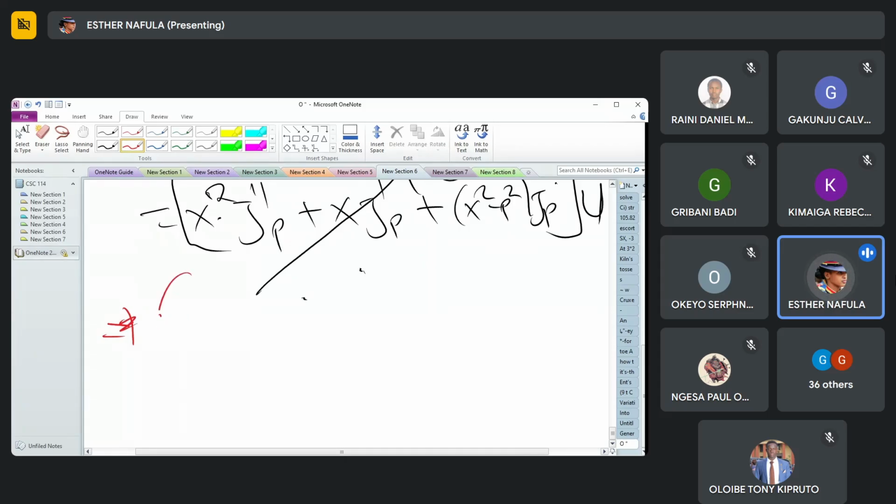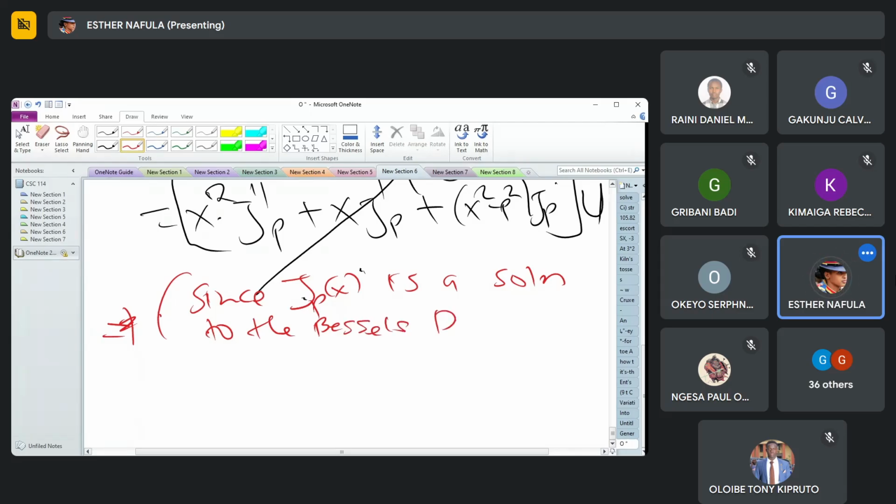Or maybe I can justify that since j sub p of x is a solution to the Bessel's DE. What terms do we remain with?